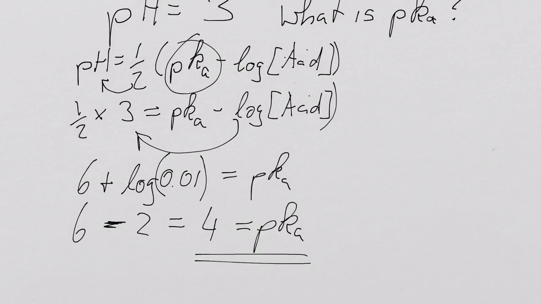You don't have to do any complicated equilibrium measurements and things like that. You just take a defined concentration, measure the pH, and Robert is your mother's brother. Bob's your uncle.